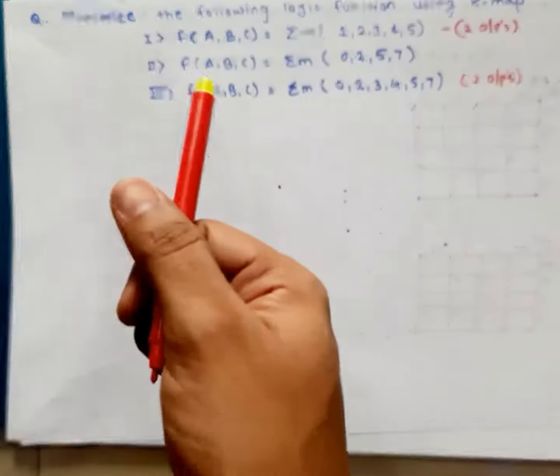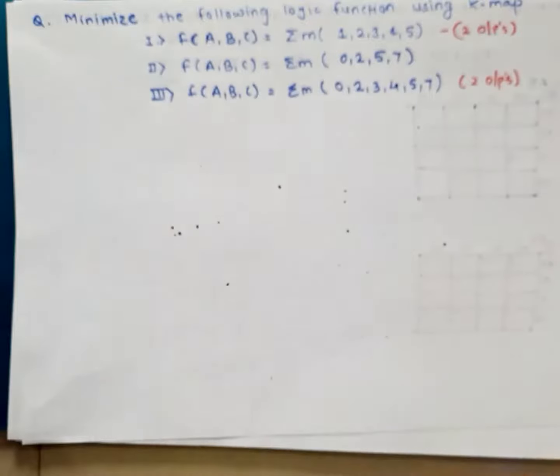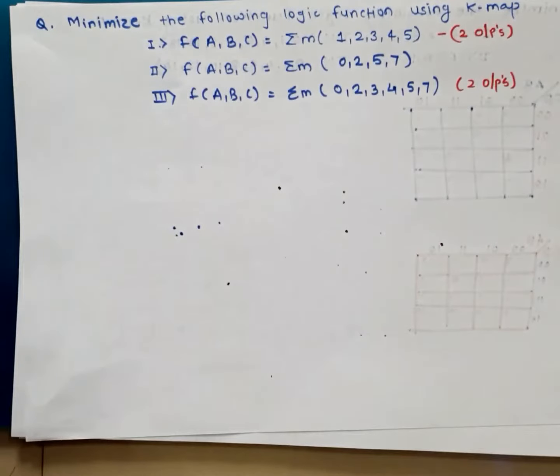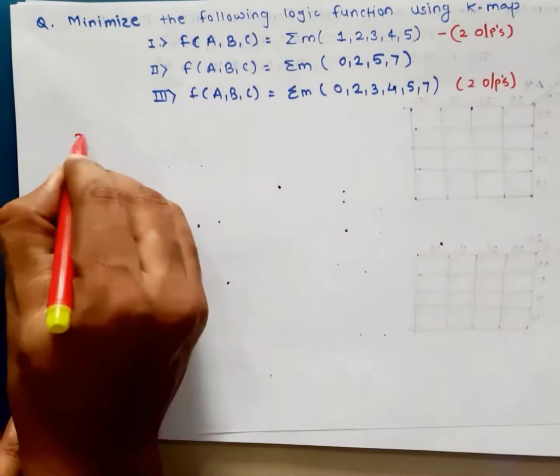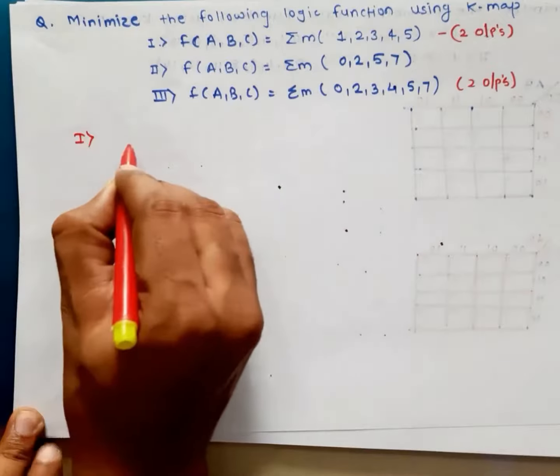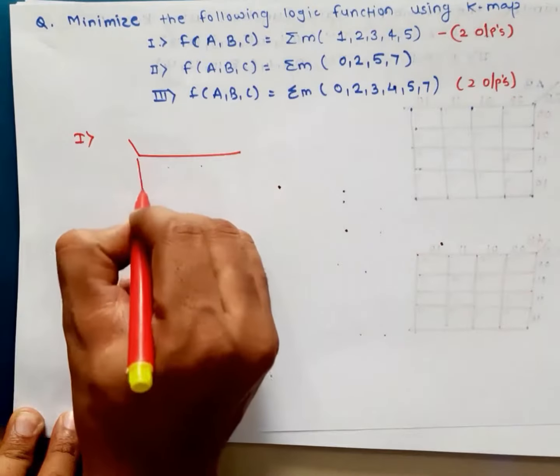Now consider this example with A, B, C, where 3 functions are given, and all 3 functions require the 3 variable K map. So first I am considering the A variable one, and then I am going to design it.